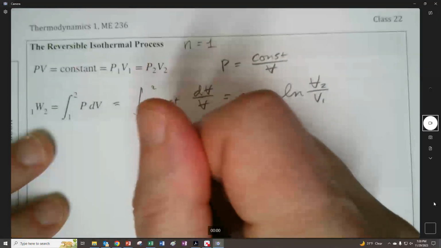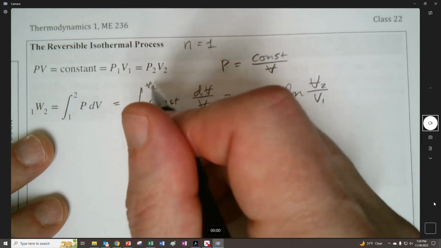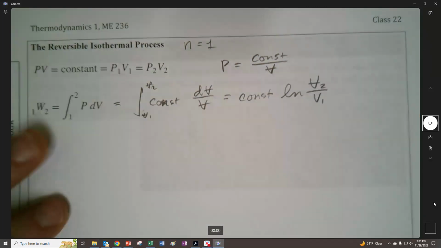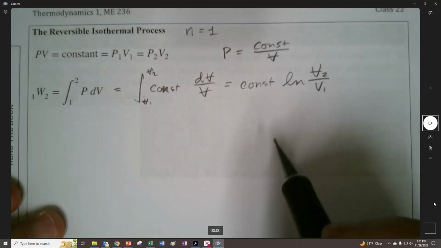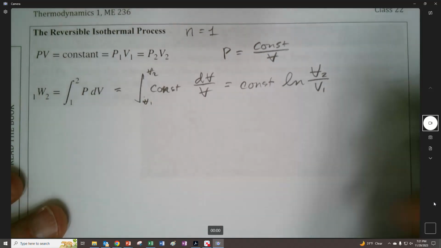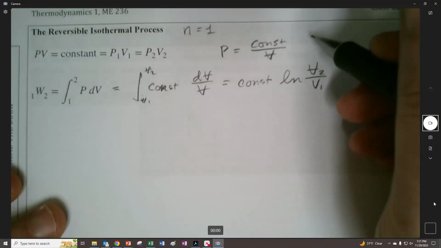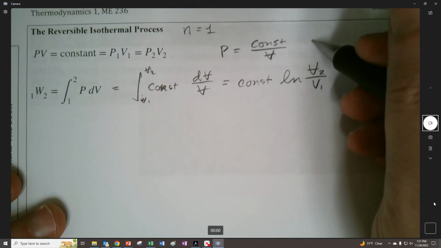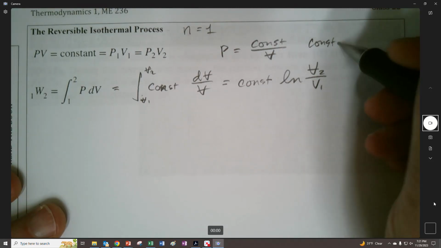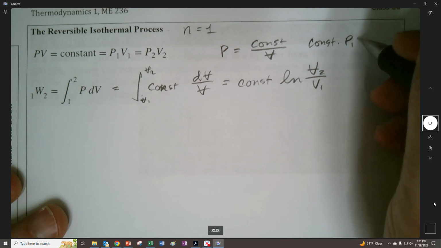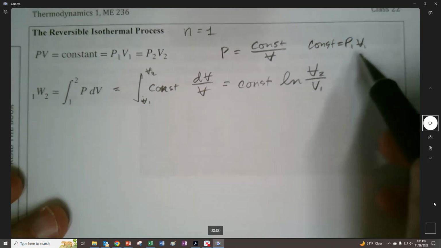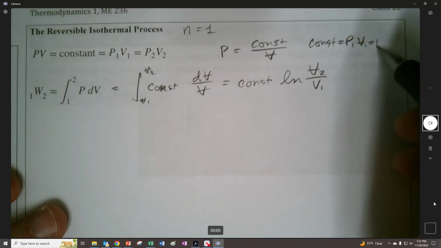We can use as our constant either one we want, so P1 V1 is equal to P2 V2.